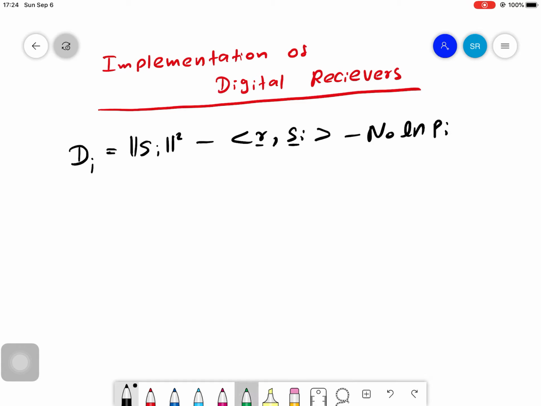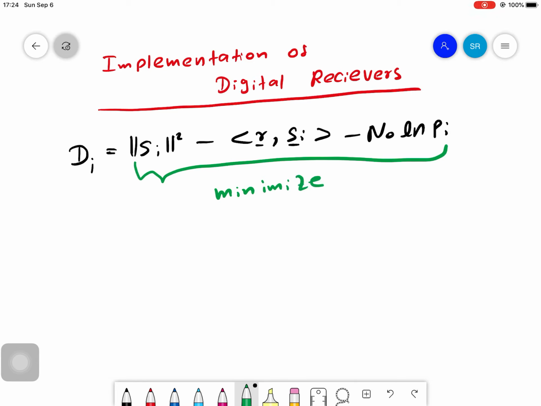In that case, we want to minimize this variable. For the sake of ease, I take the same decision variable, but with the negative value of the previous one, because it makes calculations easier.